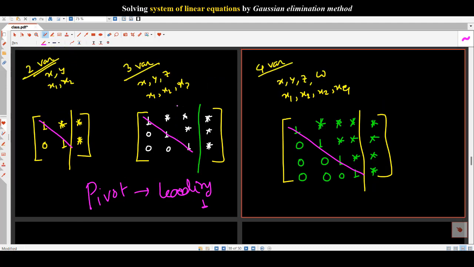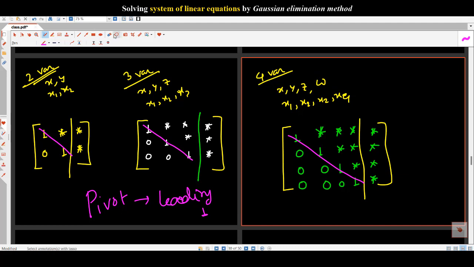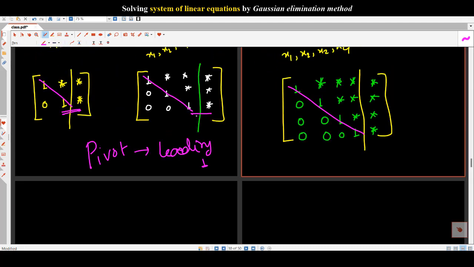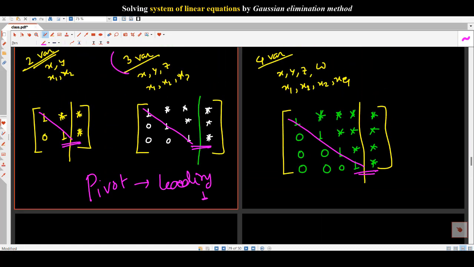Lastly, let's think about a 3 variable case.